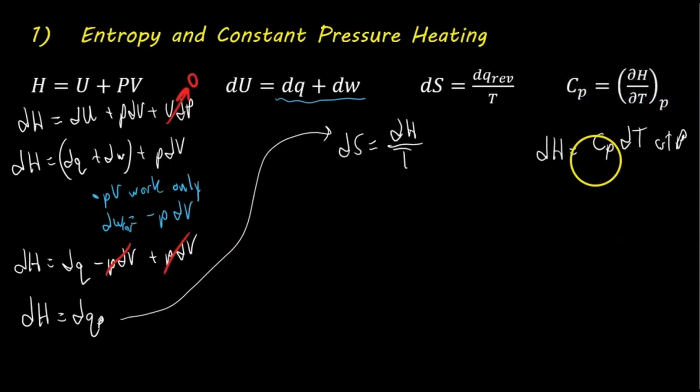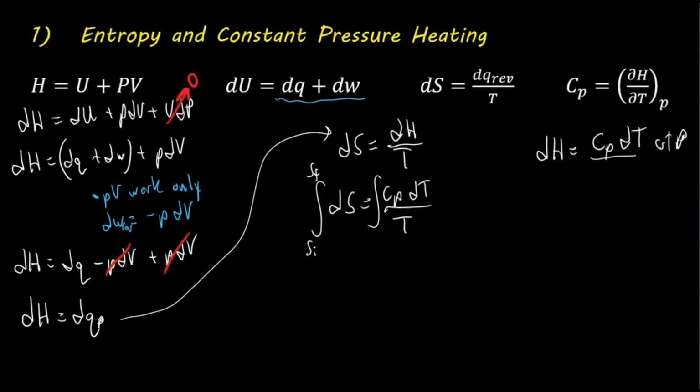So we can substitute this now. This is our dH into here. So dS equals Cp dT over T here. Great. And this is it. We just need to integrate from the initial entropy to the final entropy, and the initial temperature to the final temperature.